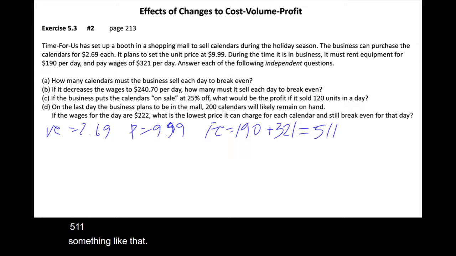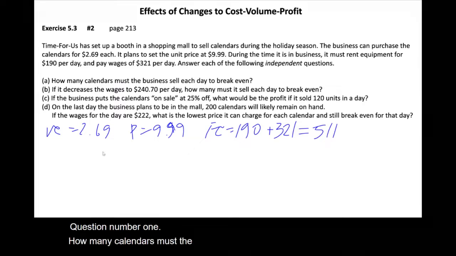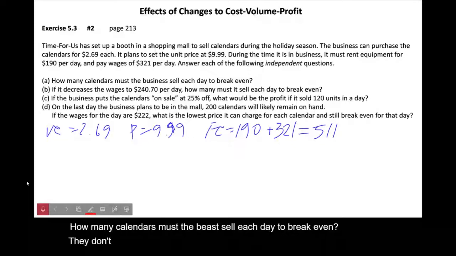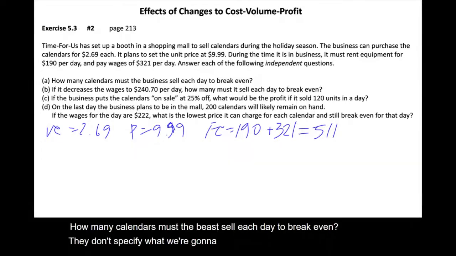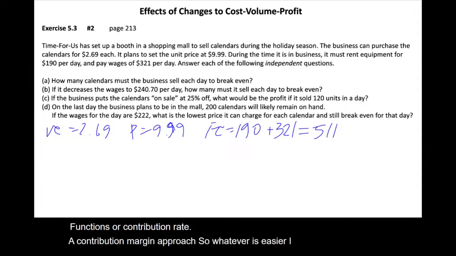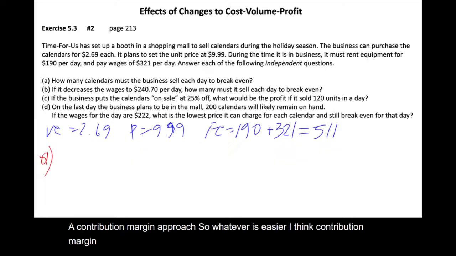Okay, question number 1. How many calendars must the business sell each day to break even? They don't specify what we're going to use, functions or contribution rate, the contribution margin approach. So whatever is easier. I think contribution margin is easier.